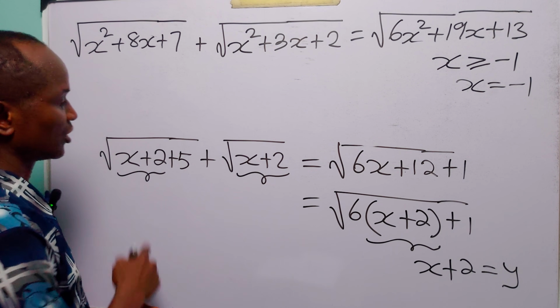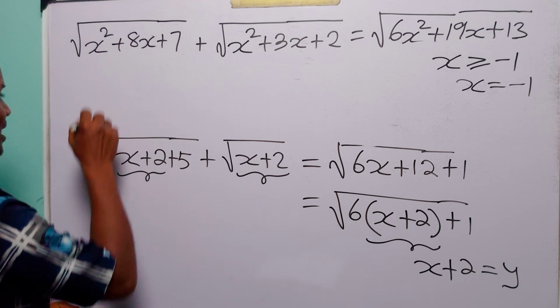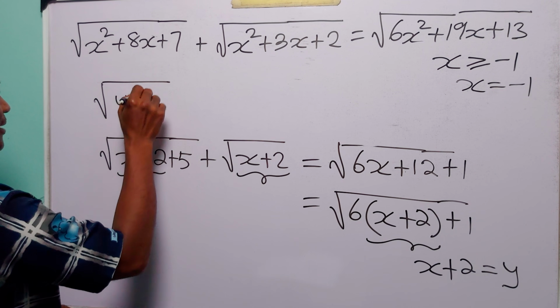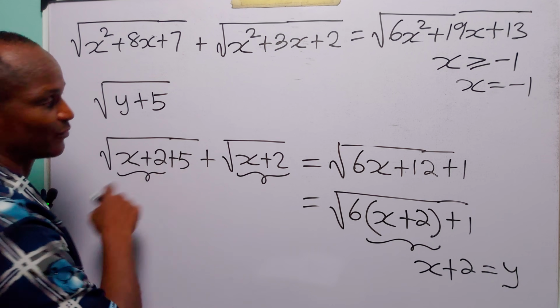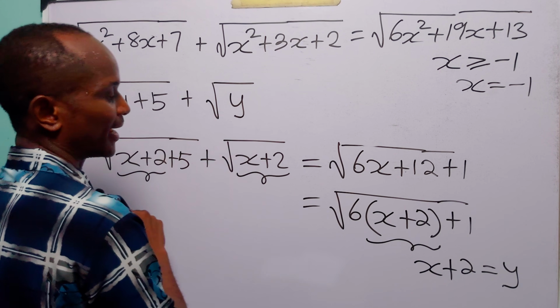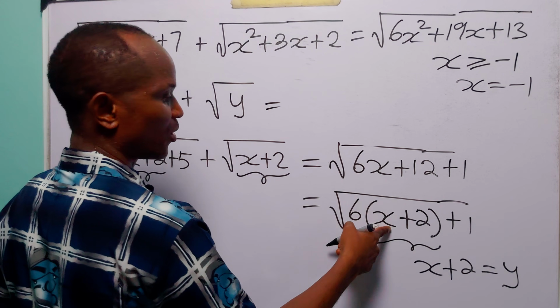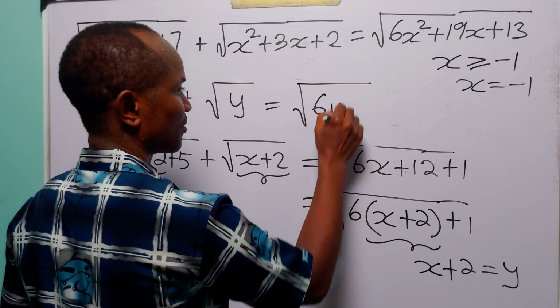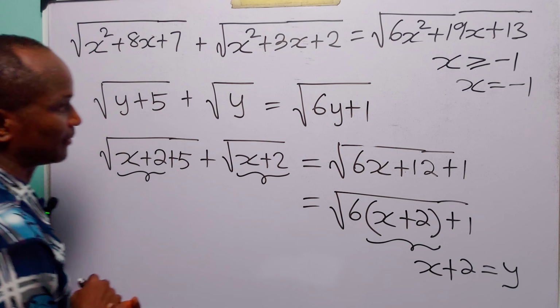With this substitution, we can now write this equation as, here we have the square root of y plus 5. Of course, this is the square root of y, and this is equal to the square root of 6y plus 1.